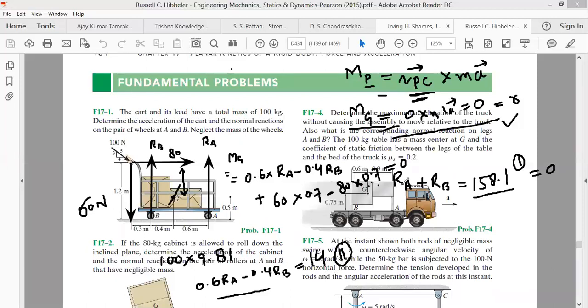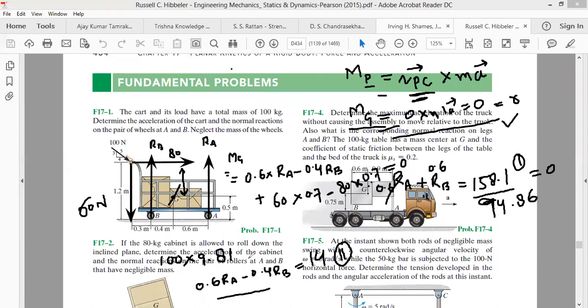So what I will do is multiply equation 1 by 0.6. If you multiply equation 1 by 0.6, it will be 158.1 multiplied by 0.6, that becomes 94.86. Now I will subtract this equation from this equation.